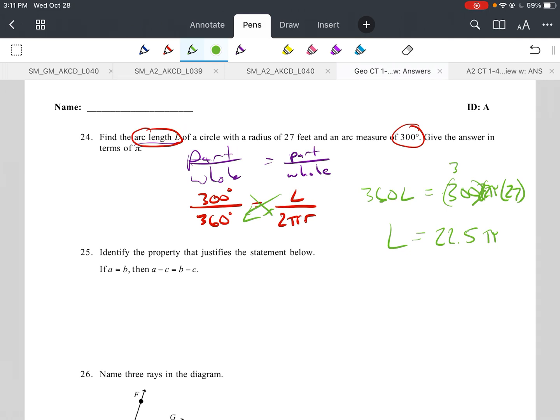So this is a mistake. It's 300 times 2 pi times the radius of 27. Now we're looking good. This should be 45. That's looking better. 45 pi feet. All right, I think we're good now.